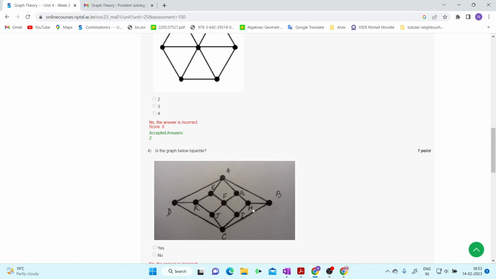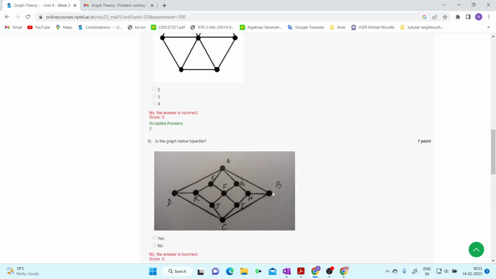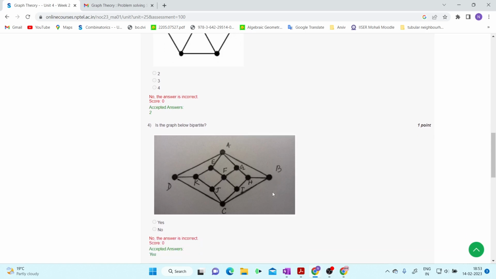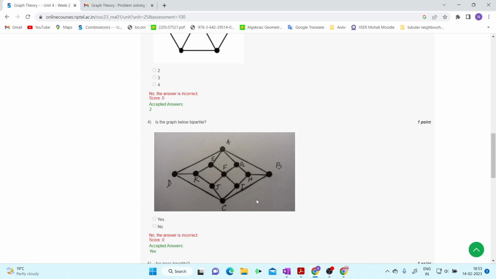Then see if there are any edges between those odd vertices and even vertices. If there are no edges, then you would have constructed a bipartition, so you would have proved that it is a bipartite graph. But if there is an edge between them, then using that edge you will be able to construct an odd cycle. So in this case this will come out to be bipartite.